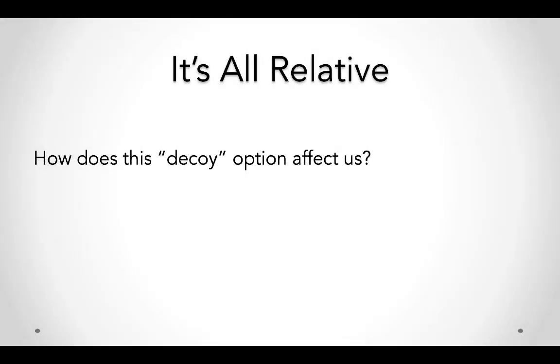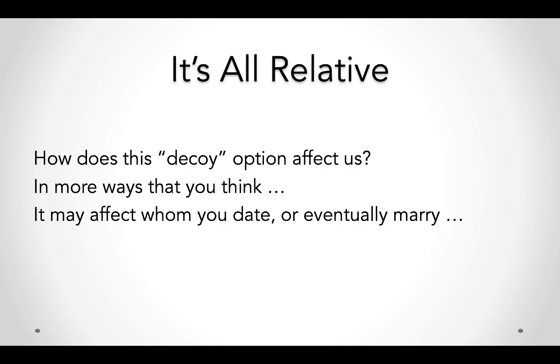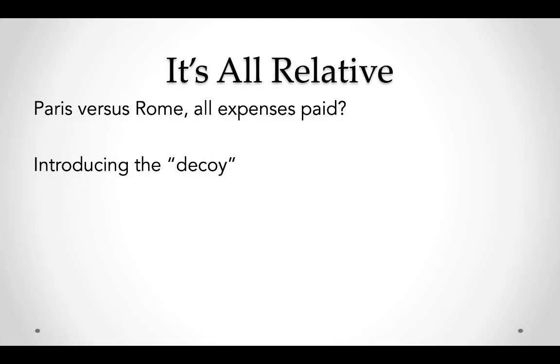Let me introduce another option, which is Rome. I will send you to Rome for a week, all expenses paid, but you don't have coffee in the morning. The coffee you have to buy separately in Rome.